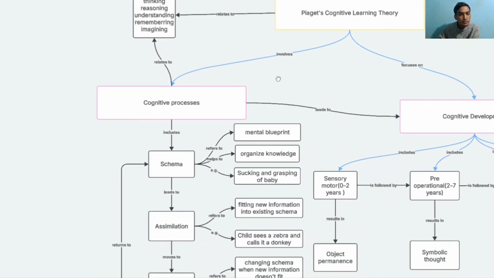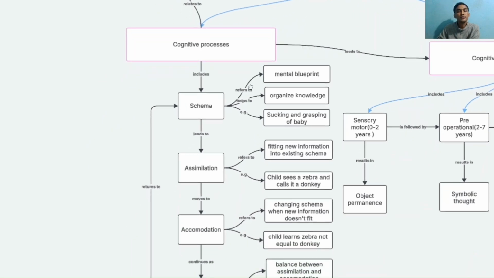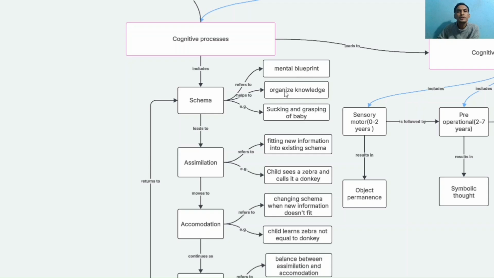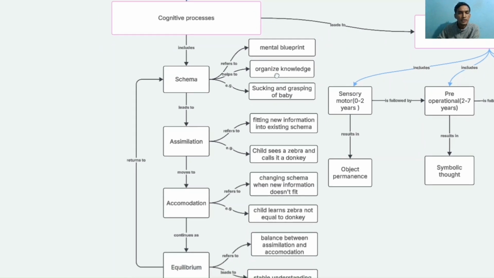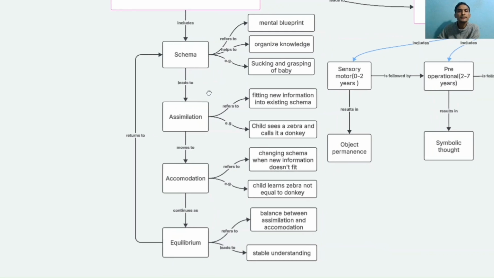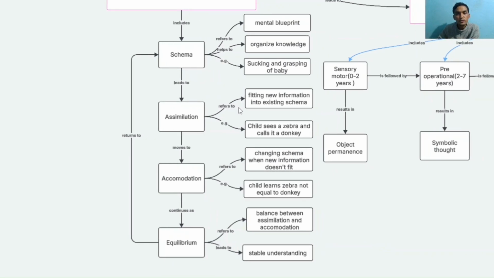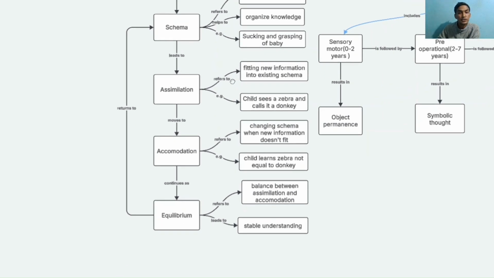The cognitive process includes the schema, and schema refers to the mental blueprint which helps to organize knowledge. For example, the sucking and grasping of a baby is a schema. Schema leads to assimilation, which refers to fitting new information into an existing schema. The example is a child sees a zebra and calls it a donkey.